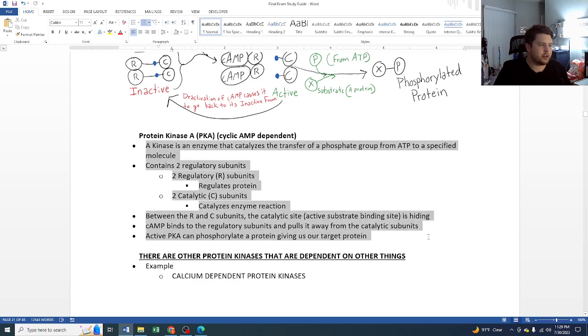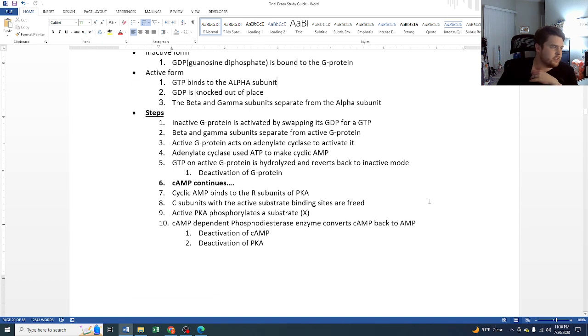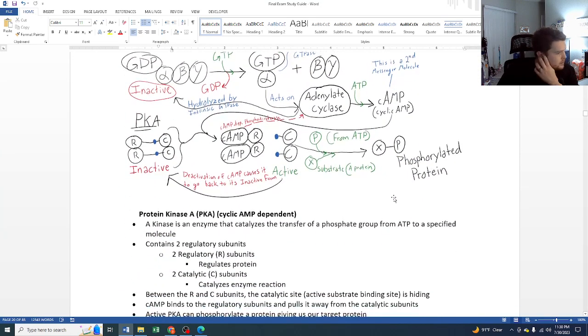So here's all of the different words specifically for that, kind of spelled out. Again, this is in your book, spelled out step by step. I'd highly recommend going back through this and reviewing if you were a little bit confused or don't recall this reaction.